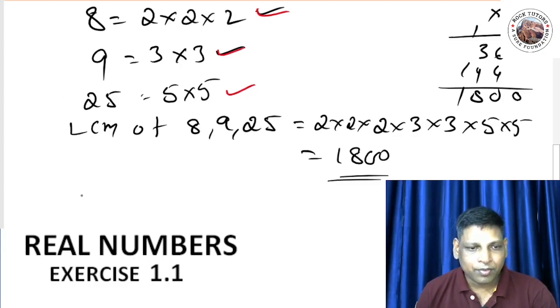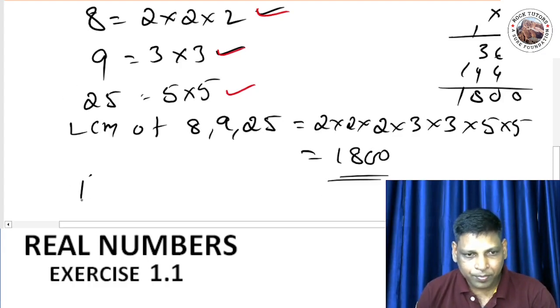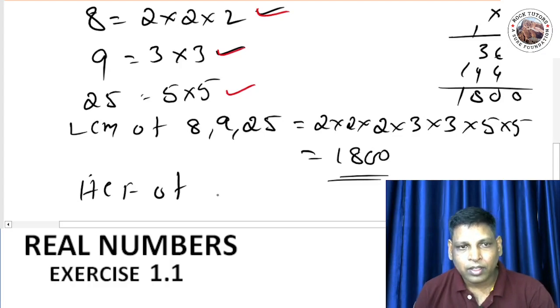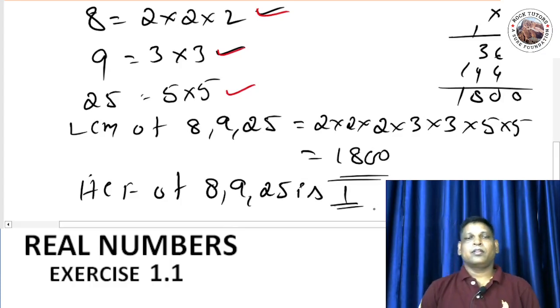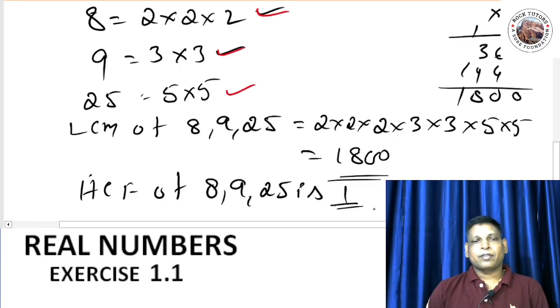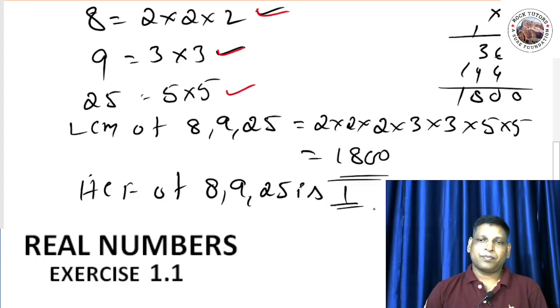So HCF of 8, 9, 25 is 1. This is the answer.